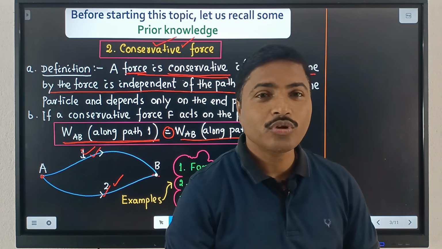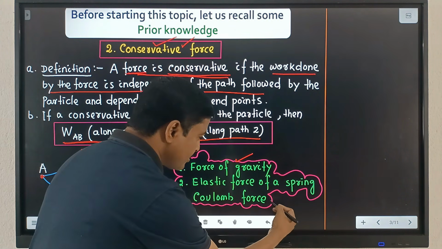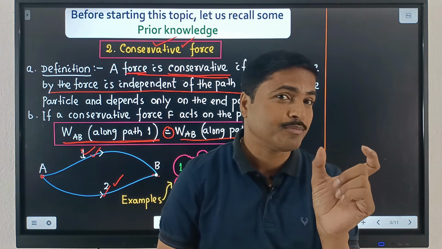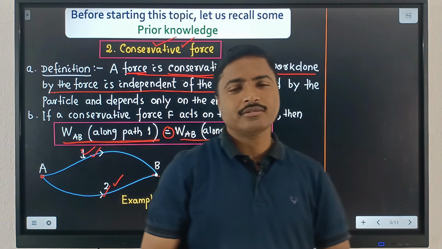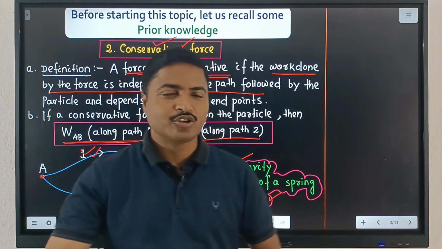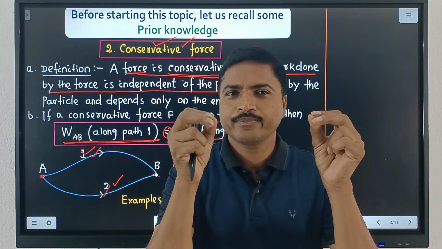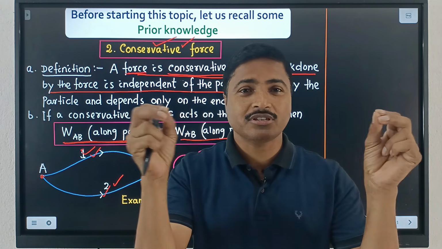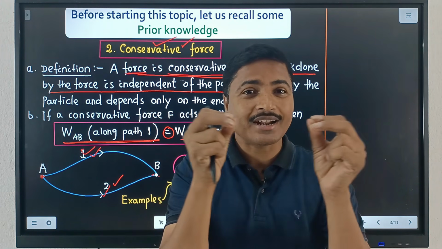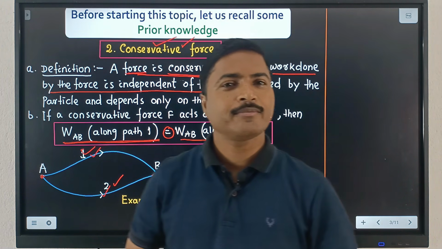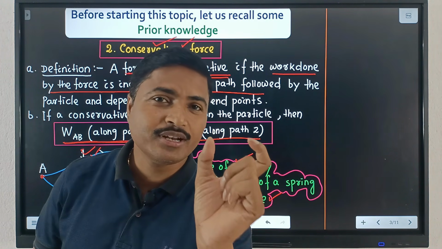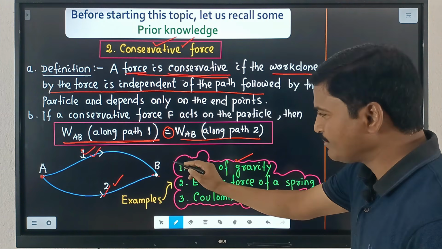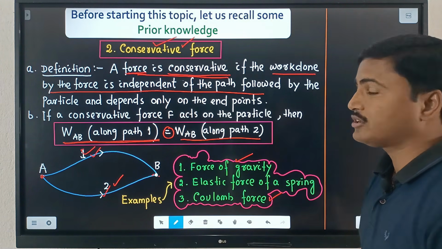And another is the Coulomb force. Coulomb force is an example of a conservative force. Coulomb force means the electrostatic force of repulsion or attraction. That means if we take two charges, then there is a force of repulsion or attraction between these two charges. That means force between two charges is known as the Coulomb force, and these are examples of the conservative force.